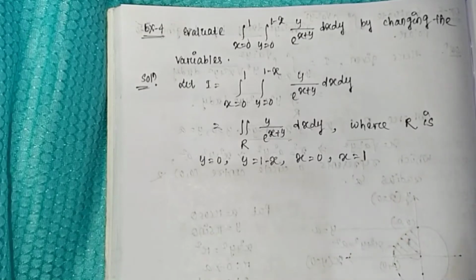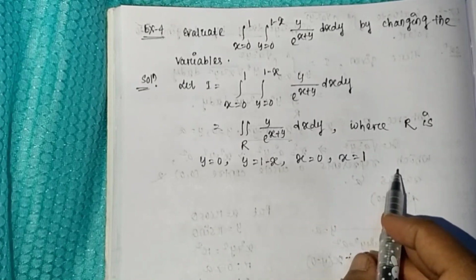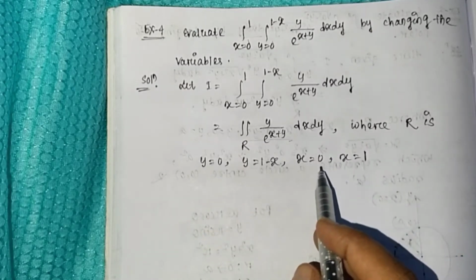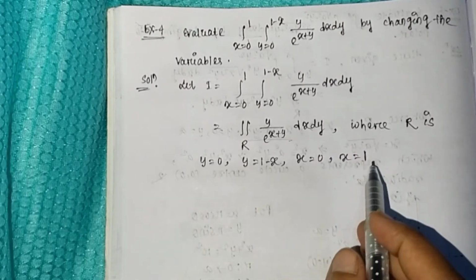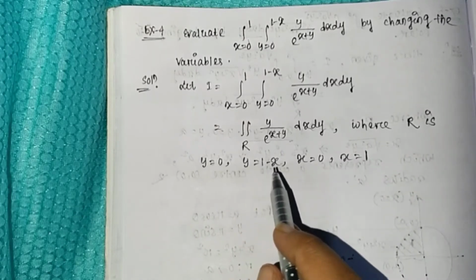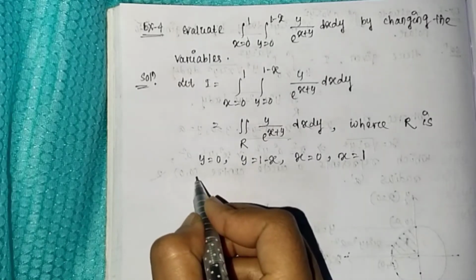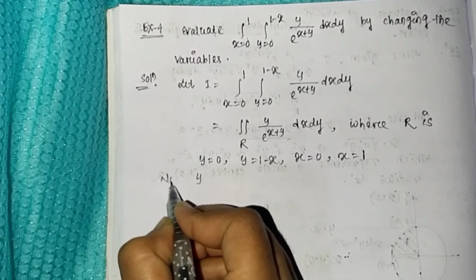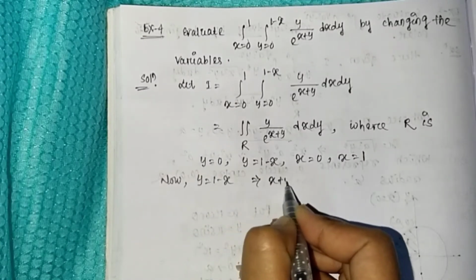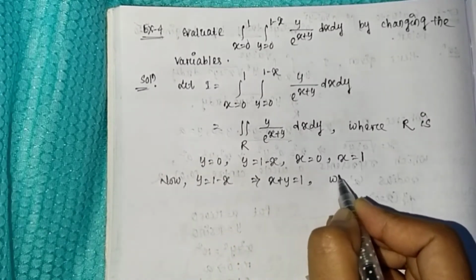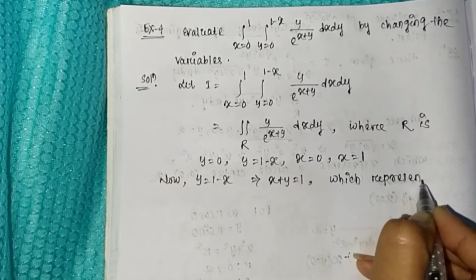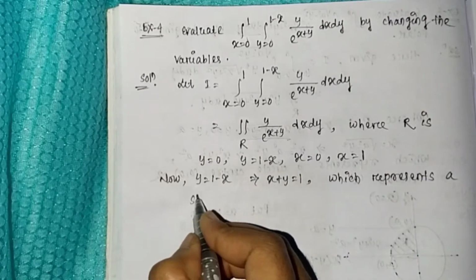First we draw the diagram with respect to x and y. Here y equal to 0 is our x axis and x equal to 0 is our y axis, and x equal to 1 is a line parallel to the y axis. Then y equal to 1 minus x, that is x plus y equal to 1, which represents a straight line.